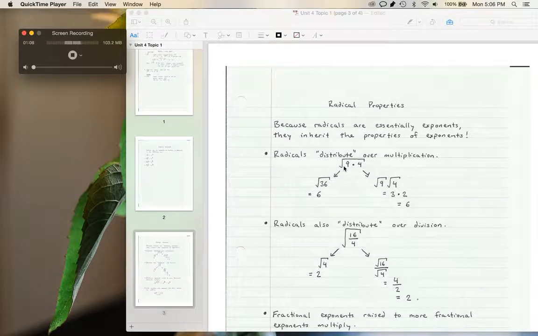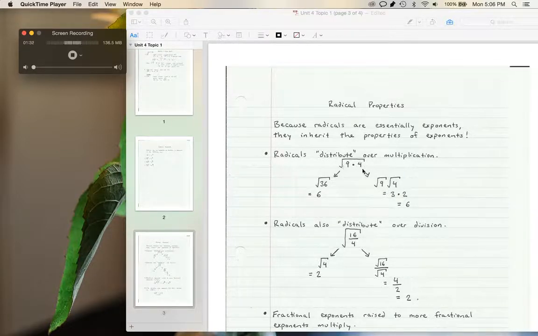So it's okay to break apart this radical, or this square root, and distribute it to the 9 and to the 4. Remember that was true also of exponents, okay? If you had an exponent of two things that were multiplied, you could distribute that exponent to both factors that were being multiplied. So that's the same thing happening here.